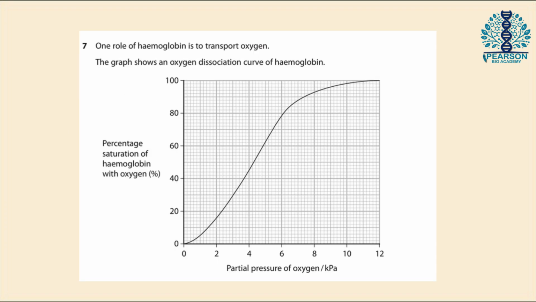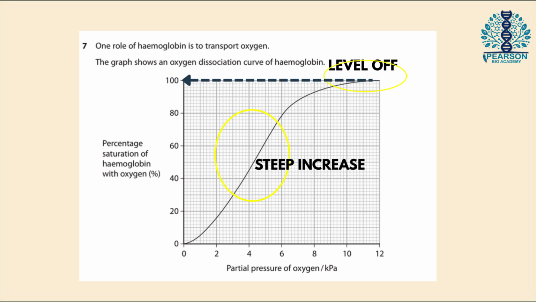So, what it means is at the beginning there is a steep increase, right? And after some point, you can see the percentage increase starts leveling off. Then finally, it reaches 100 percent because no matter how much you increase the partial pressure of oxygen, it has already reached the maximum saturation level.